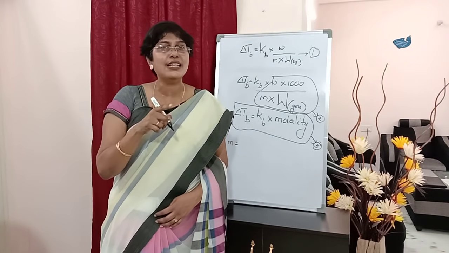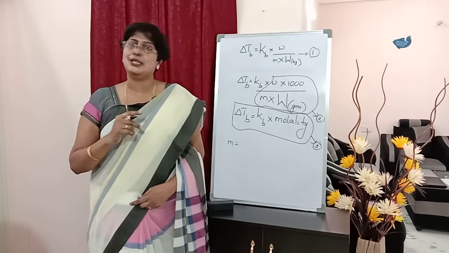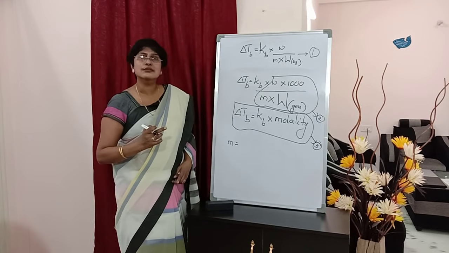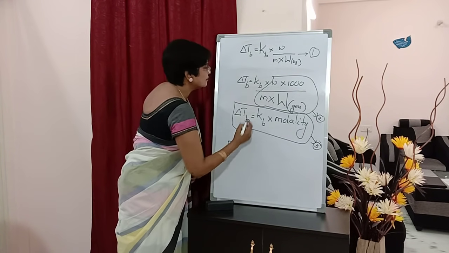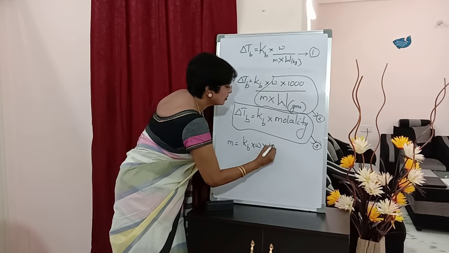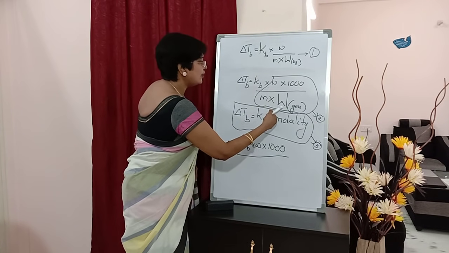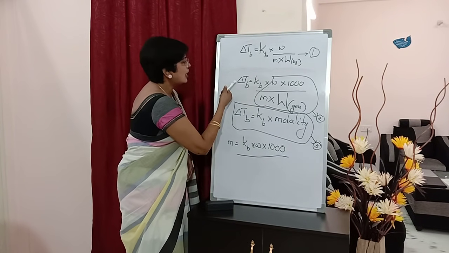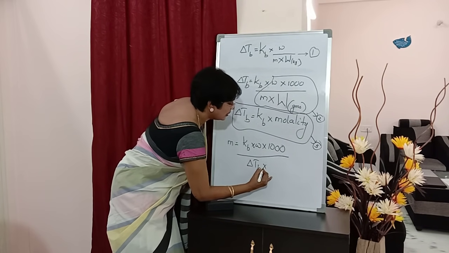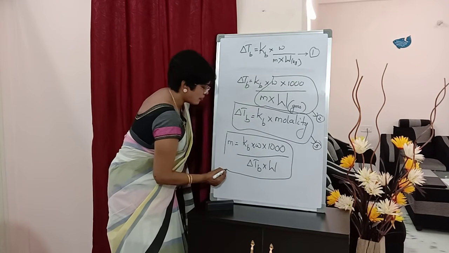Determination of molecular weight of non-volatile solute from delta Tb. Okay. So how will you write down, students? M is equal to cross multiplication, Kb into small w into 1000 divided by, what is there in the denominator, capital W. Now delta Tb comes and joins here, delta Tb into capital W. Okay, put it in a box.